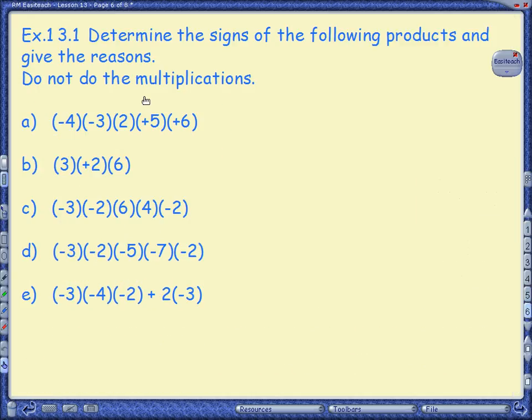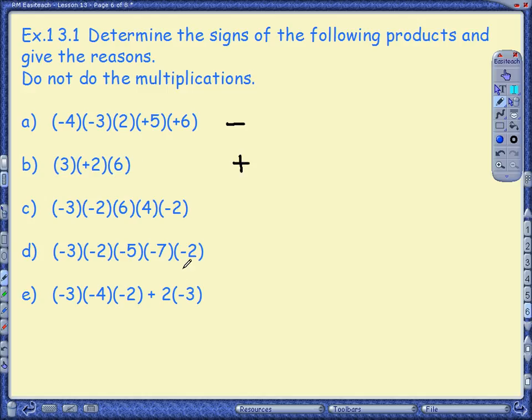Okay, in this example, we're supposed to determine the signs of the following products and give the reason. Do not multiply. Do not do it out. I have 2 negatives in this first example, so my answer is going to be positive. If I were to multiply that out, it would be a positive product. All positives here.